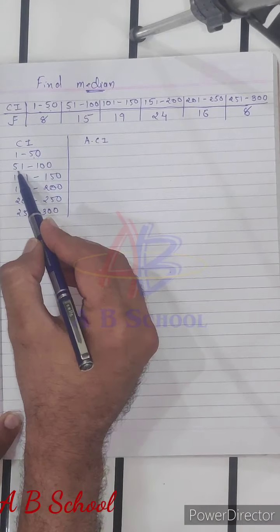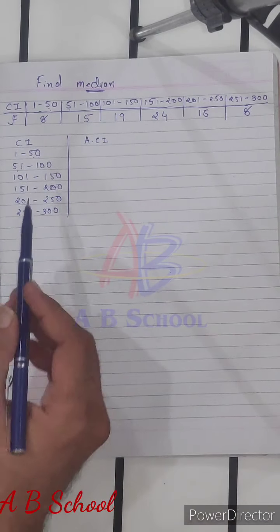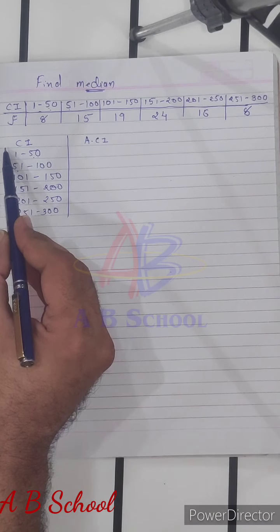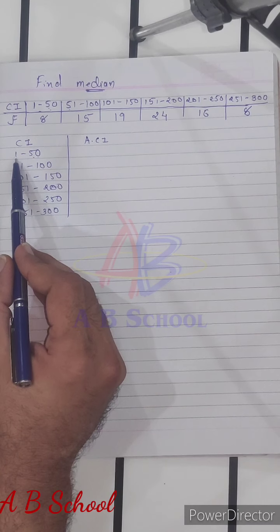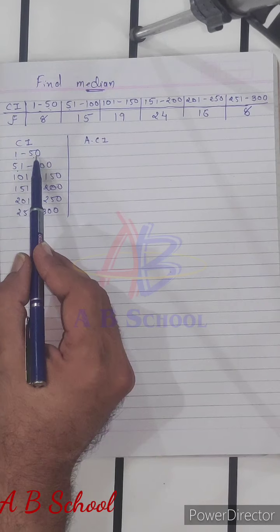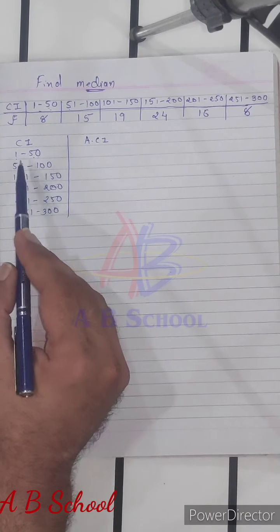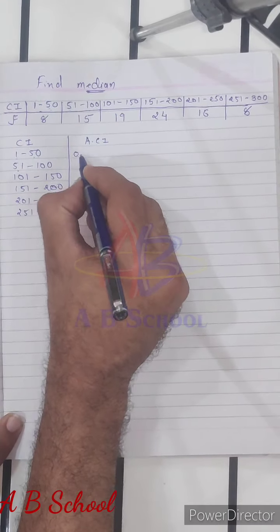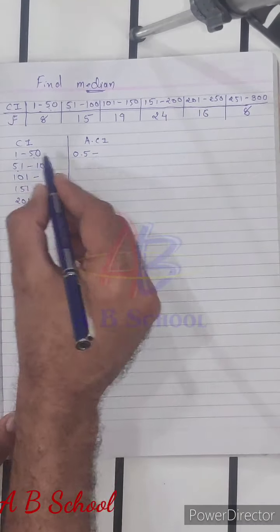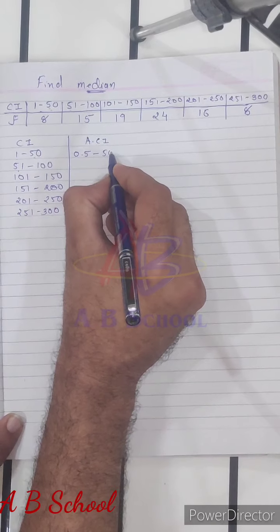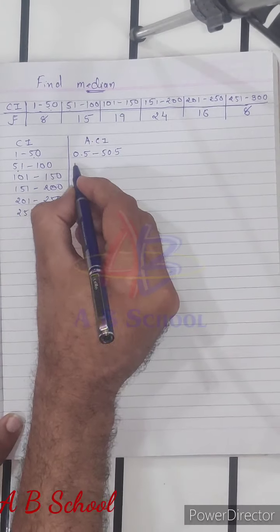The difference is 1. So as we have studied, I have to go for minus 0.5 and plus 0.5. In the lower limit I'll subtract 0.5, in the upper limit I'll add 0.5. So it will become 1 minus 0.5, 0.5, 50 plus 0.5, 50.5.